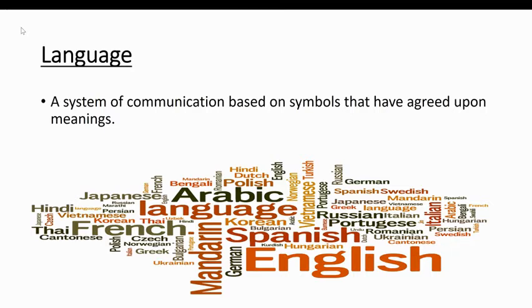All right, so as we get into the key terms here, language is a system of communication based on sounds. You could modify this definition to sounds and symbols that have agreed upon meaning by the group that speaks it or writes it, however you want to look at it. If I say the word mom, however that sounds, you have something that comes to your mind, and you have your mother when you say the word mom.